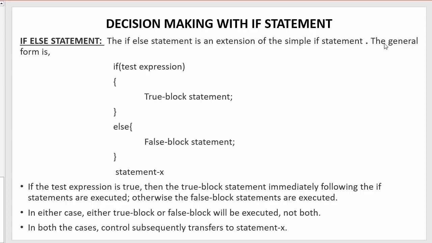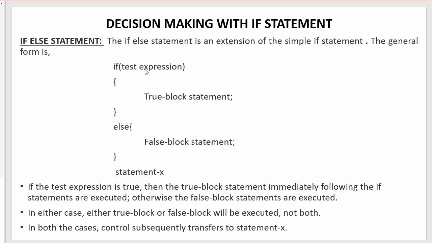Here, as you can see, I have written down the general form of the if else statement. The if keyword is followed by the test expression. This test expression can be any boolean expression. Then I have opened a curly bracket and a closing curly bracket, and in between these curly braces I have written some true block statements.